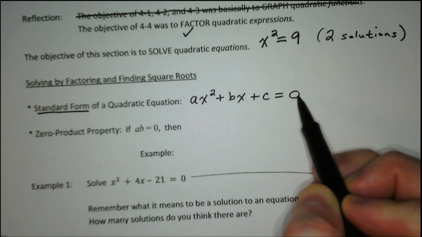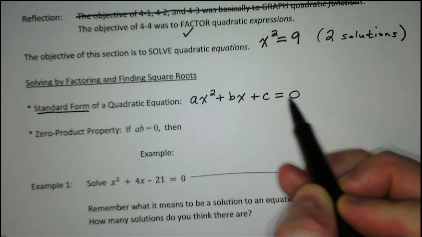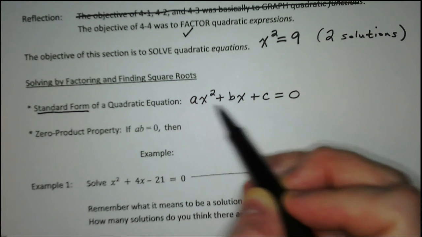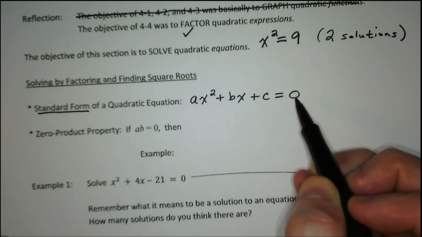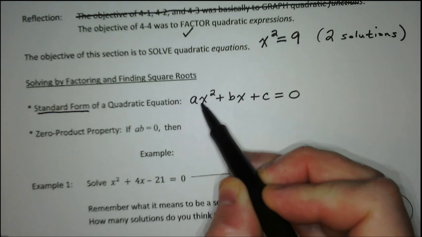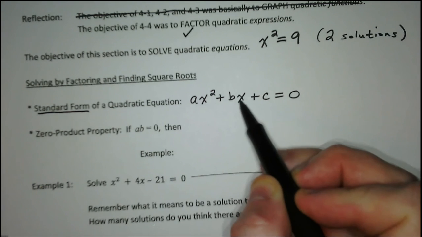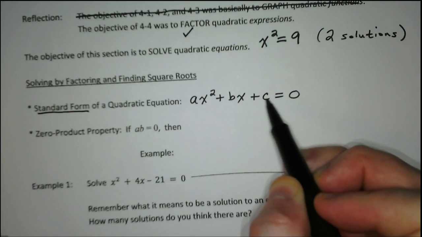Quadratic equations don't have to look like that, but that is what we call standard form, when the right side is just a 0 and your x squared term is over here along with your x term and then whatever regular number.